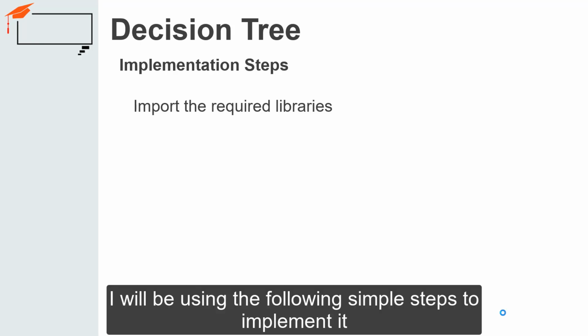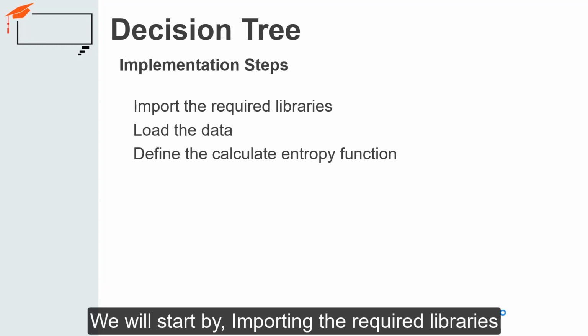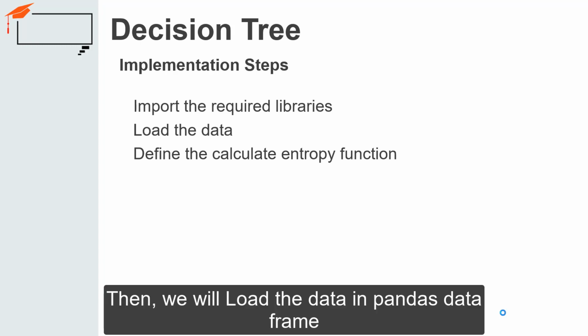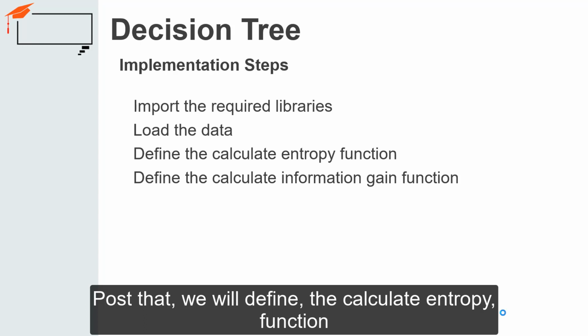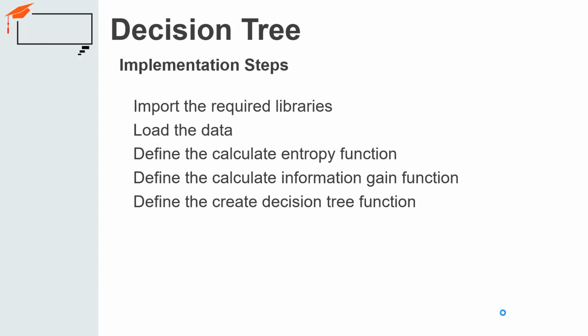I will be using the following simple steps to implement this. We will start by importing the required libraries. Then we will load the data in pandas data frame. Post that, we will define the calculate entropy function. Then we will define the calculate information gain function.